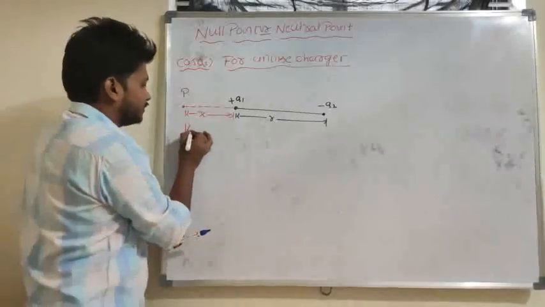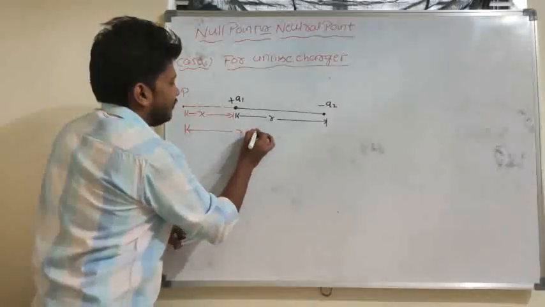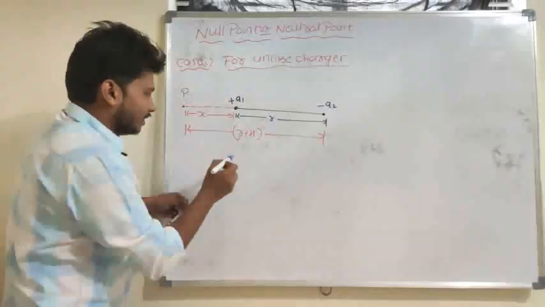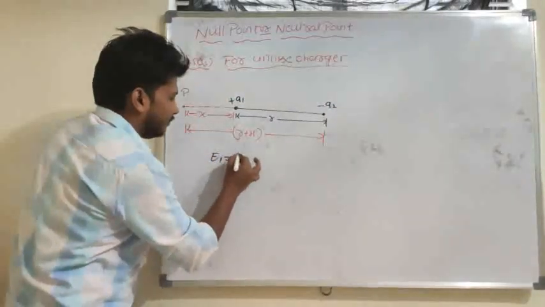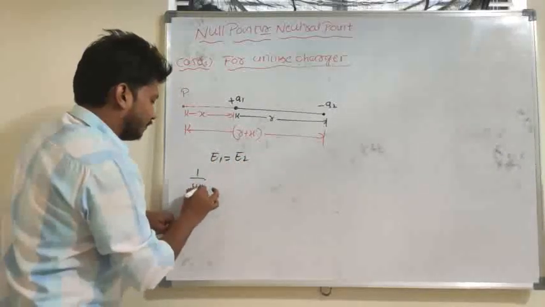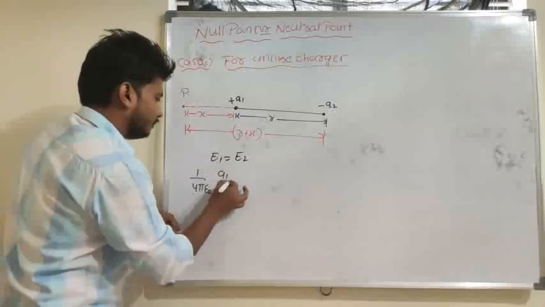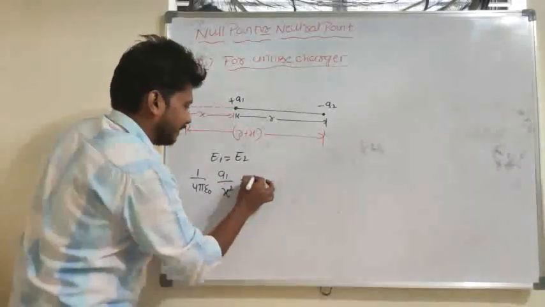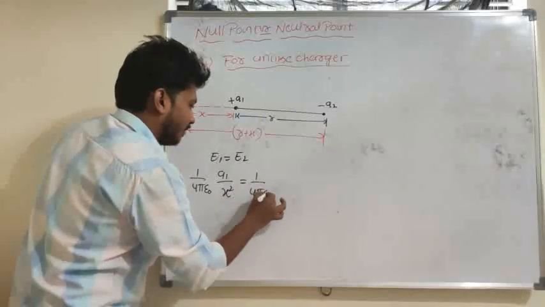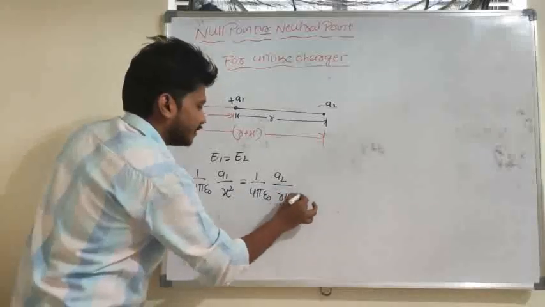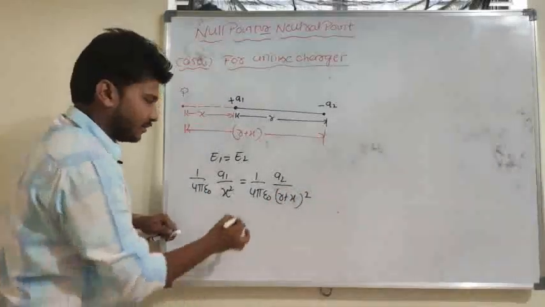What's the total distance here? R plus x from the second charge. Similarly, shall I write this equation? E1 is equal to E2, or 1 by 4 pi epsilon naught q1 divided by x square. I will just take the magnitude. 1 by 4 pi epsilon naught q2 by r plus x whole square.